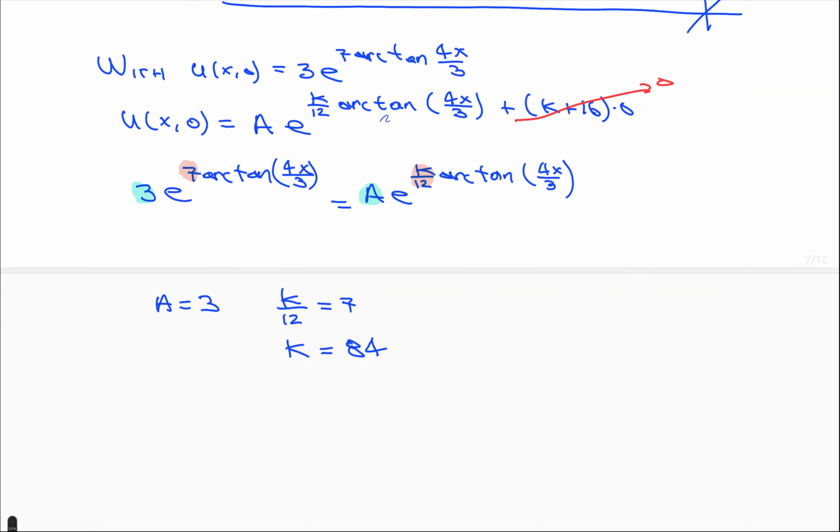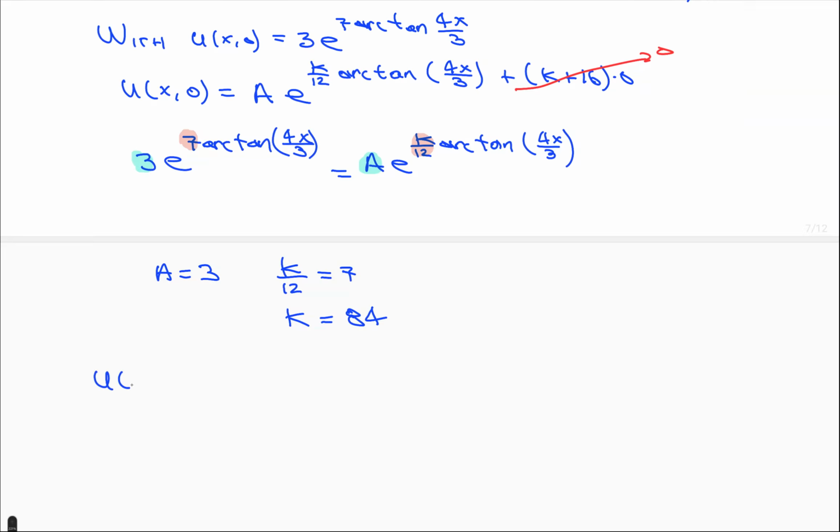So coming back, that is u of x,t equals 3 e to the 84 over 12 arctan of 4x over 3 plus 84 plus 16 times t.